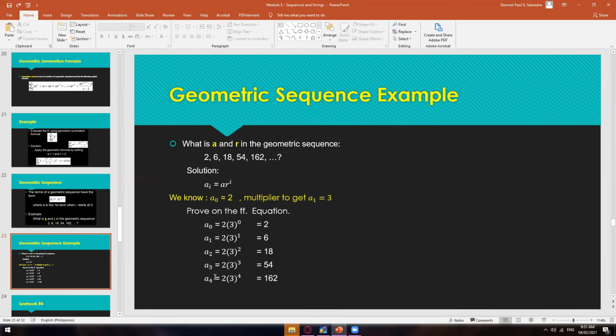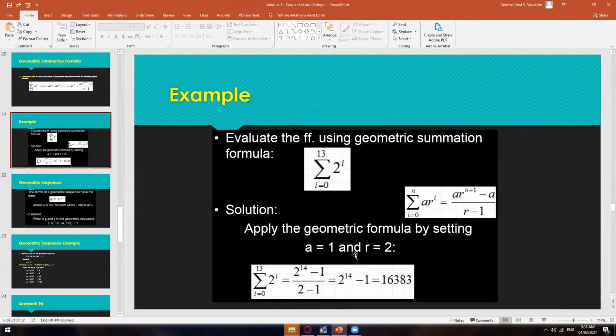All right, so this one is a fixed value. If you apply this and it starts from 0, then by default A is equal to 1 and R is equal to 2. The only thing that matters is that you know the maximum limit, which is this one: 13 plus 1, so just keep on adding 1.